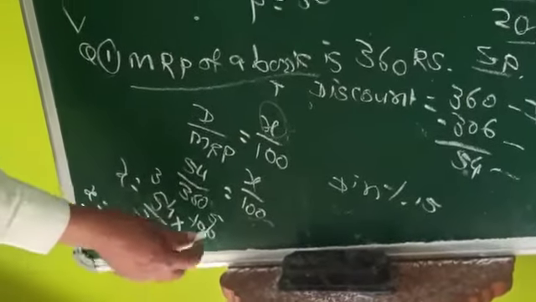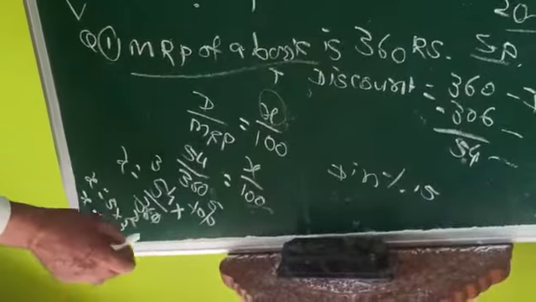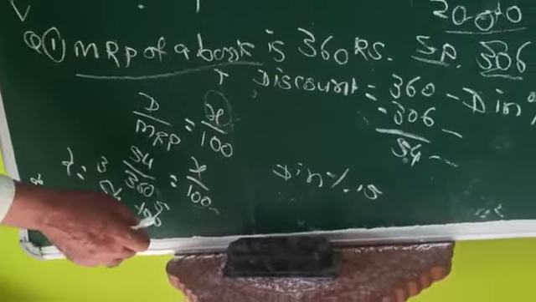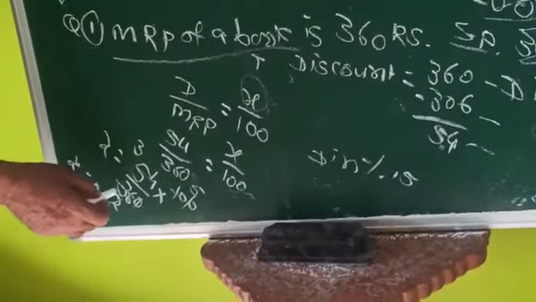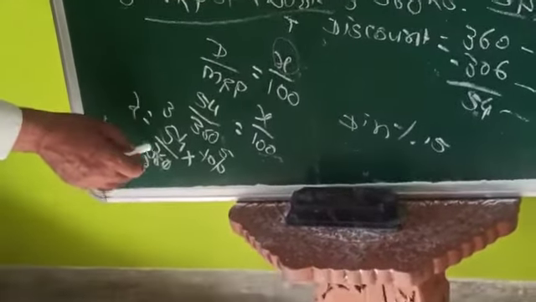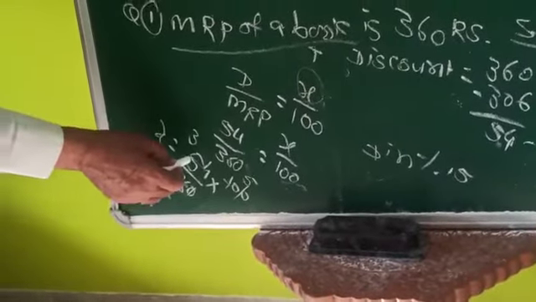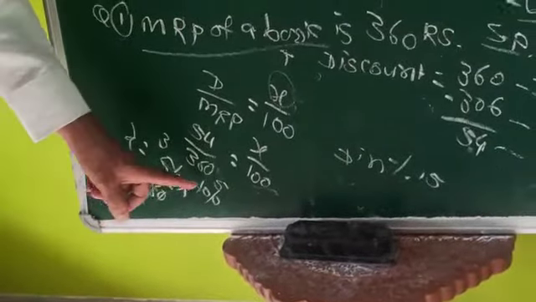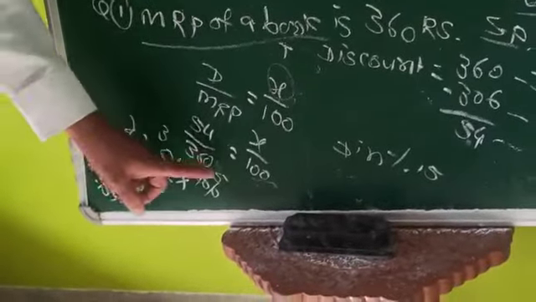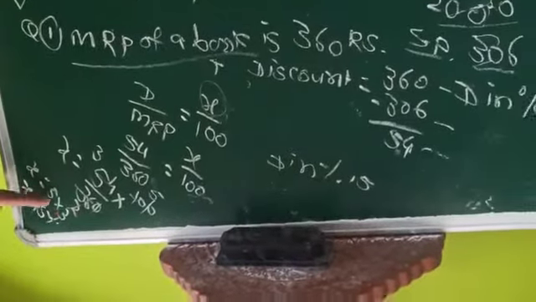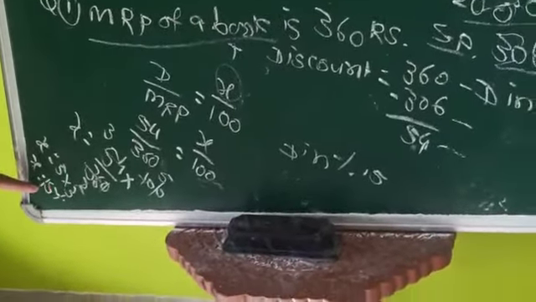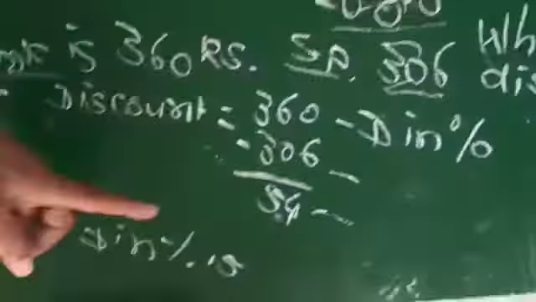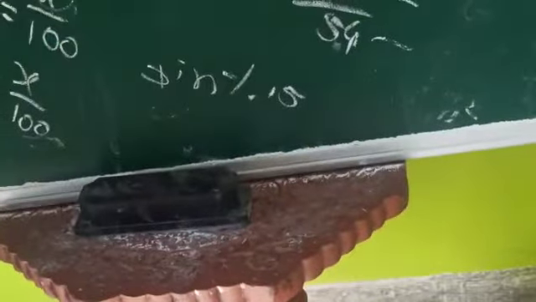This 0 cancels, this 0 cancels, the 0 of 360 and the 0 of 100. Again divided by 18. 18 twos are 36, 18 threes are 54. So again 2 ones are 2, 2 fives are 10. Here left only 3 and 5. So multiply 3 and 5, 3 fives are 15. Meaning discount in percent we got is 15.